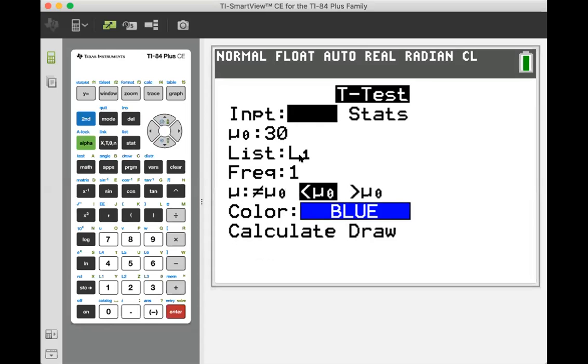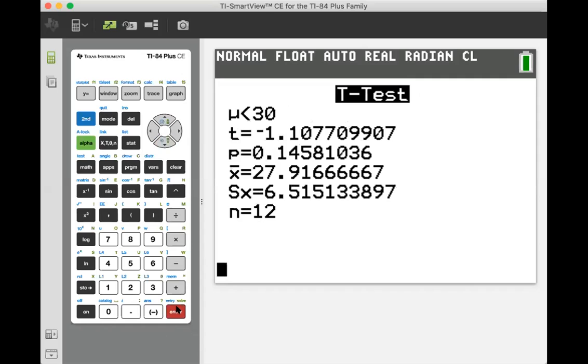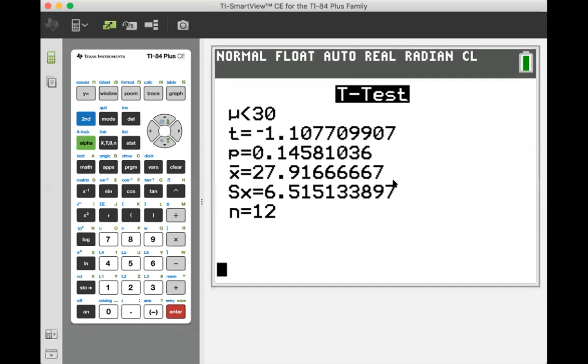So if we leave this at L1 and run the test, we will see that we get, not quite those values. The test statistic was negative 1.119 and the p-value 0.1435 when we just used the statistics, 27.9 for x bar and 6.5 for Sx.